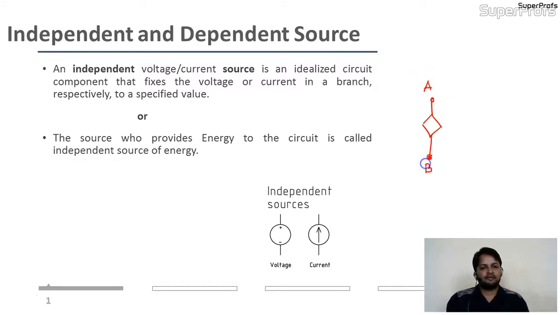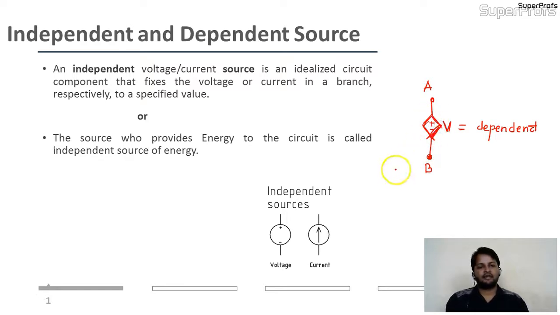We have terminals A and B. So this is the diamond structure and suppose this is a voltage source. This voltage source is nothing but the dependent voltage source. This diamond shape shows the dependency.